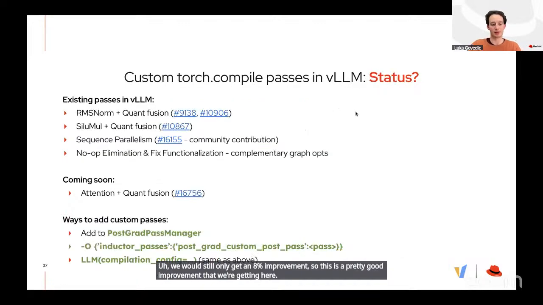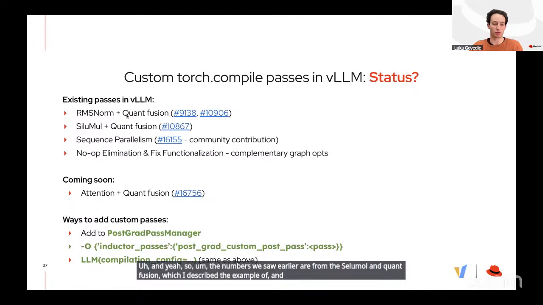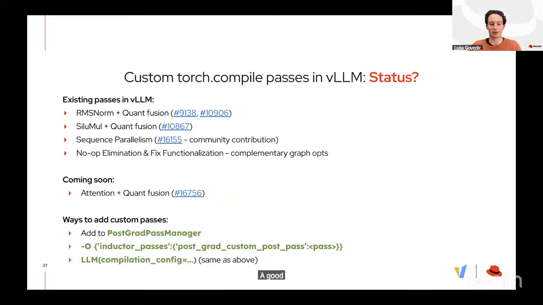So the numbers we saw earlier are from the CLUML and QuantFusion, which I described the example of, and also RMS norm and QuantFusion, both of them turned on. We also have this sequence parallelism pass that we're very proud of because it was actually a community contribution, and it really just goes to show that we've built a good system to add these custom passes and made it easy to do so.